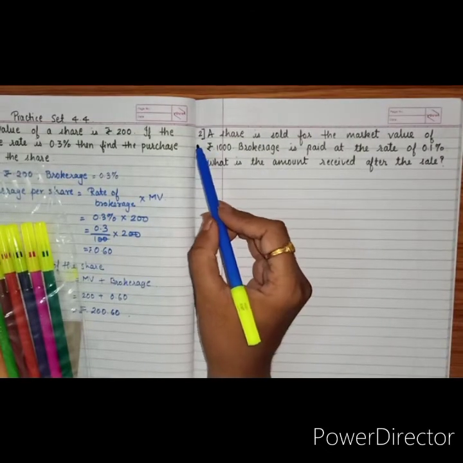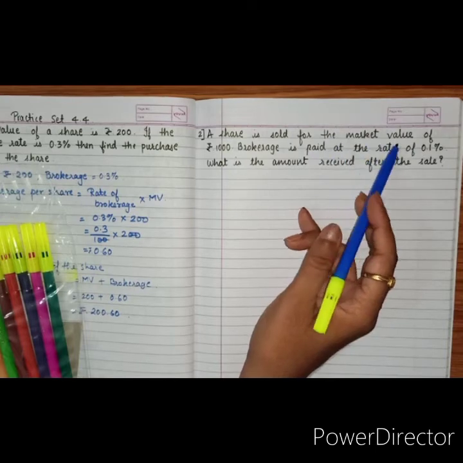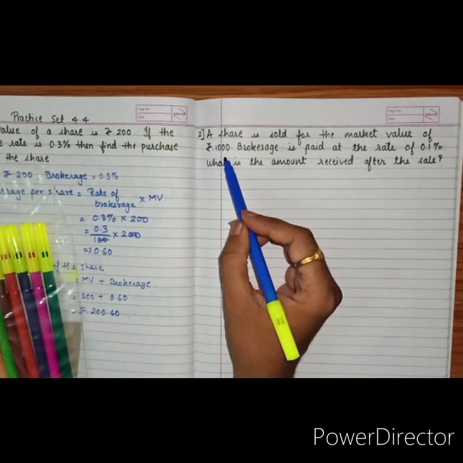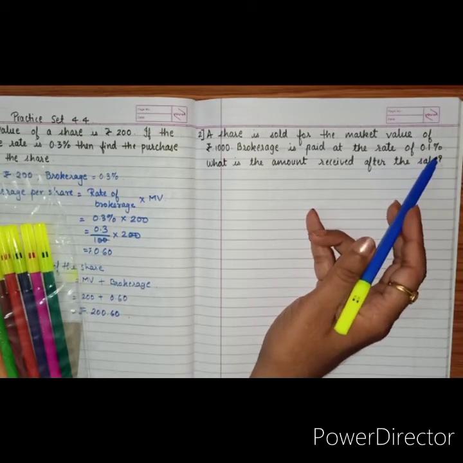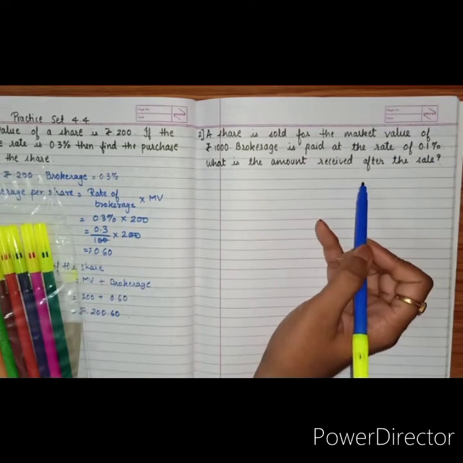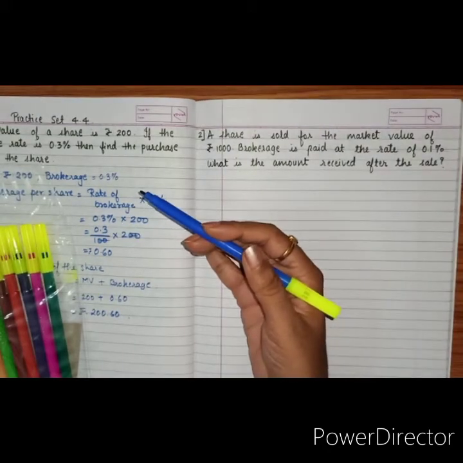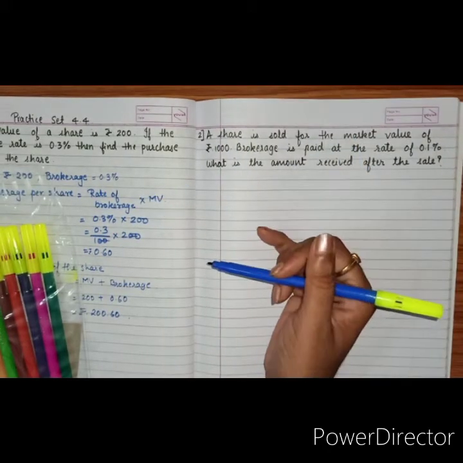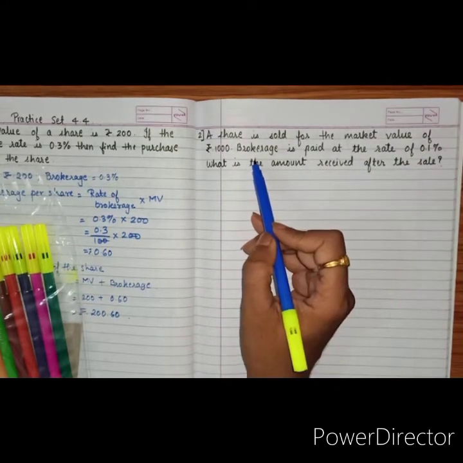Let us see the second example. A share is sold for the market value of rupees 1000. Brokerage is paid at the rate of 0.1%. What is the amount received after the sale? Now, as I have explained earlier, even if you buy or you sell a share, you need to give brokerage.